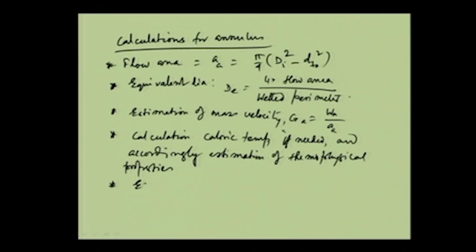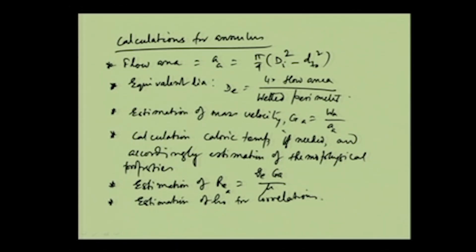And once we know that, then we have to go for estimation of Reynolds number. For annular regions, it is dE into Ga by mu, and then estimation of ho from correlation. After we do that, then we have the overall coefficient computation.